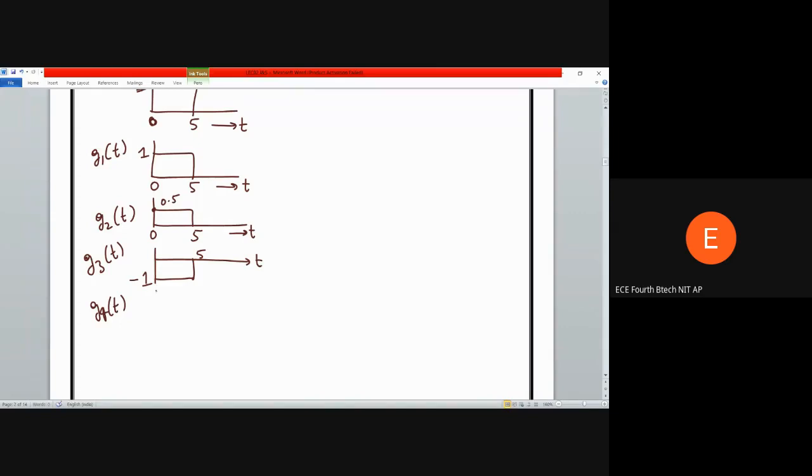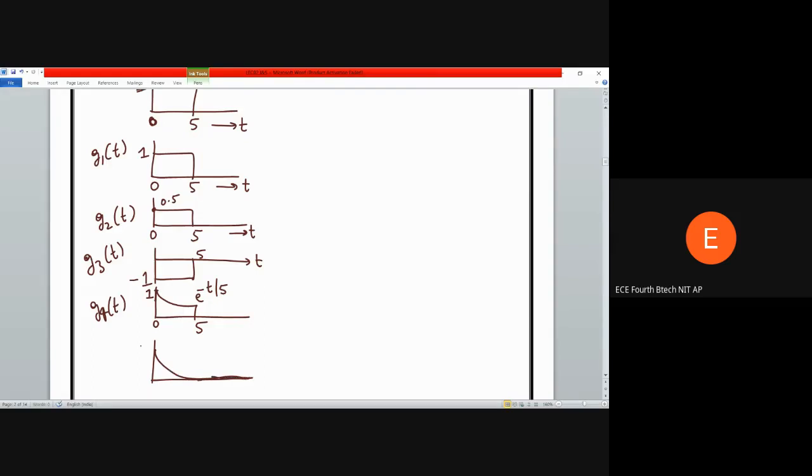So g4 of t, I am going to have something like this. This is 0 again, and this is 5, and it is going to start from 1. This is 1, and the expression is given by e to the power of minus t by 5. This is g4 of t. g5 of t will be something like this.